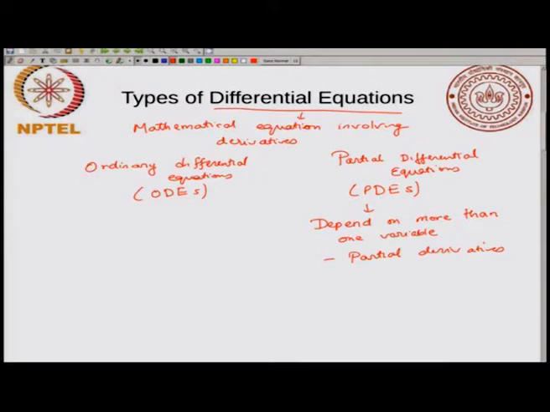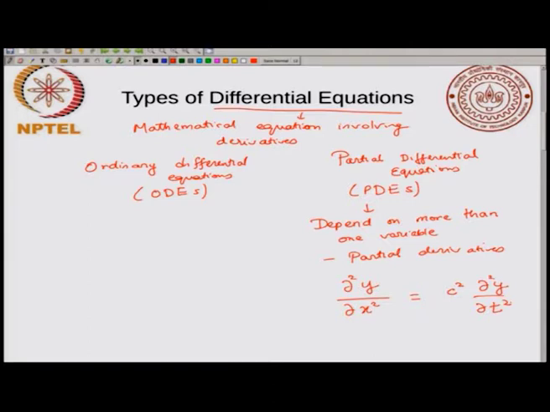For example, you can have a partial differential equation that looks like ∂²y/∂x² equal to c² ∂²y/∂t². So, this is an example of a partial differential equation, involves partial derivatives.